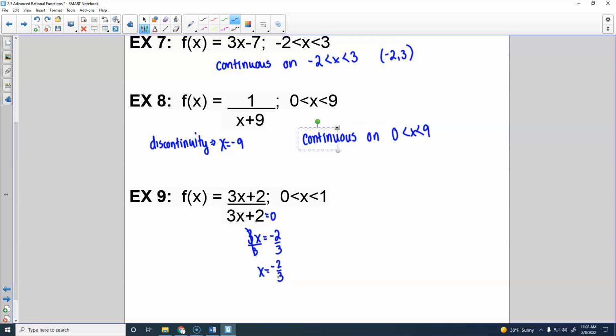Okay? I need to go back and look at my notes because everything's ended up being continuous here. I need an example that's not, right? So this is also continuous on 0 to 1. Not everywhere, but on 0 to 1. I would have this as continuous because our discontinuity is not in that range.